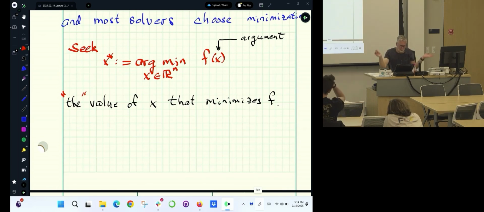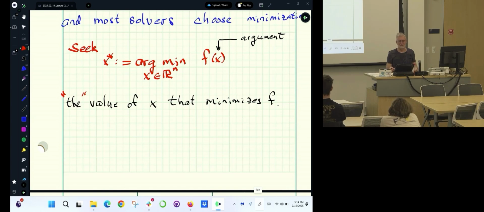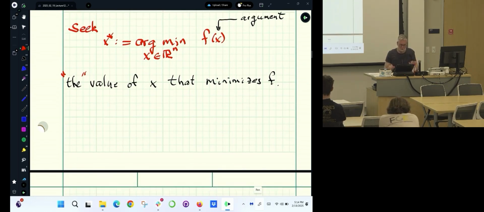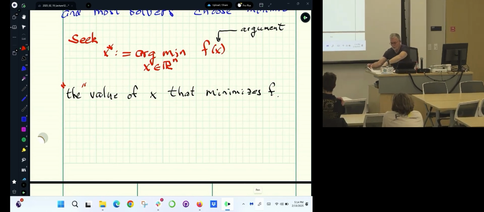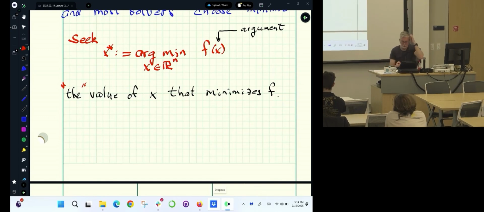So when I say "the," it could be a set of values. And if you think about it as a set, that's great because the empty set is a set, okay? So there's no solution. So when you say "the," that usually means a unique solution, and that's not always the case, okay? So x star we'll be using to denote what we're trying to find, the value of x.